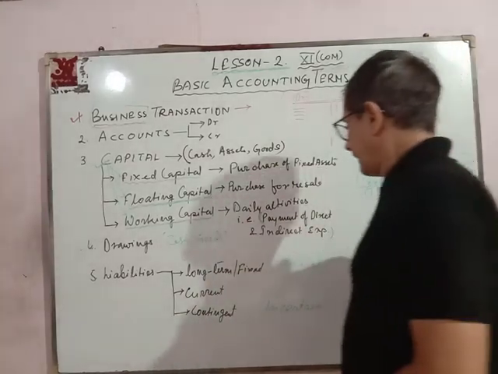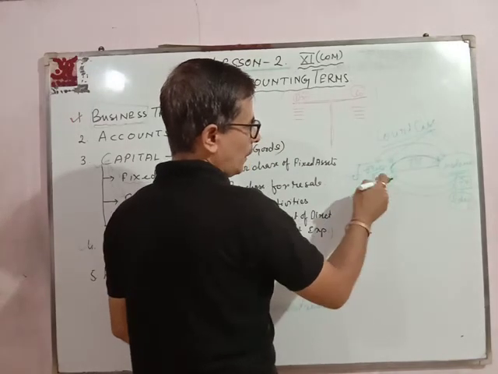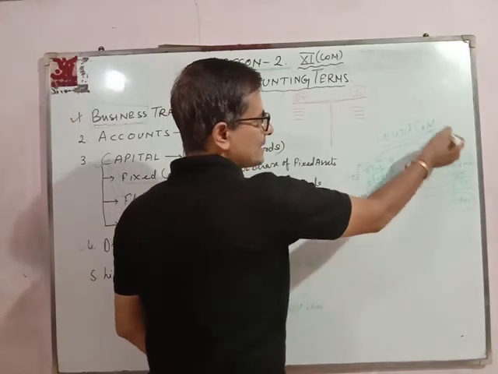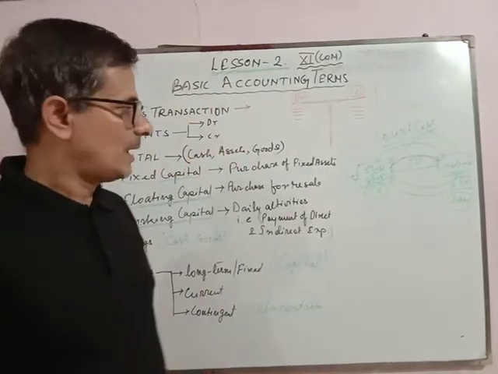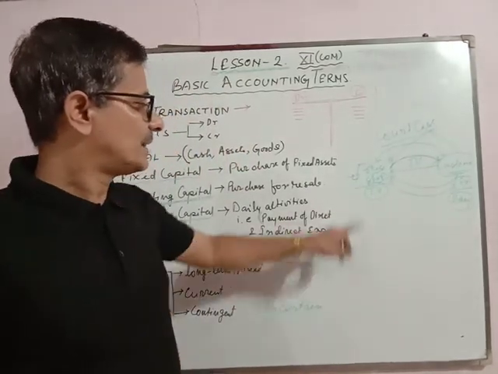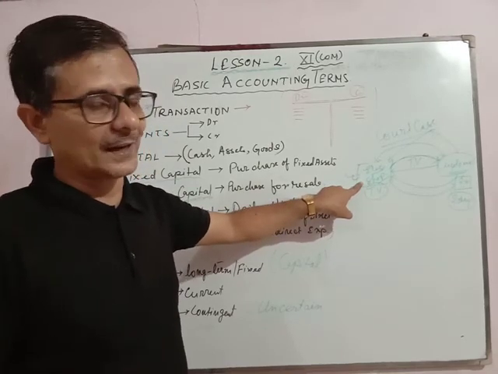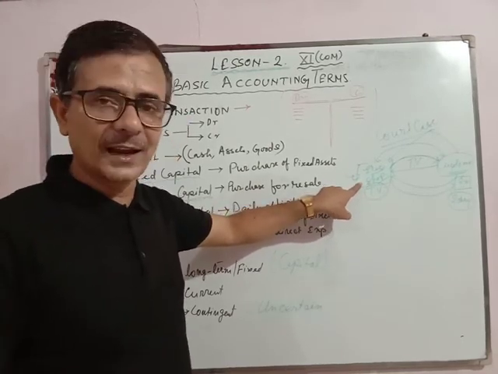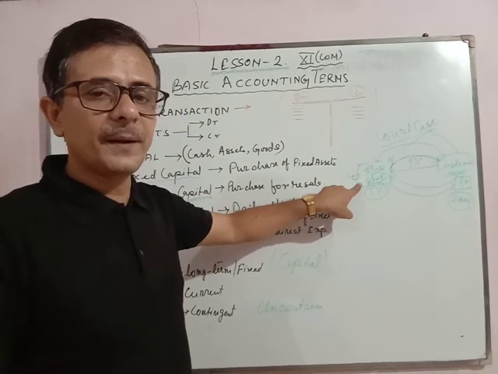Now, since we are talking about business, for business this is a situation which is uncertain. In this court case, the electronic shop may win the case or may lose the case. If he wins the case, he will not be in loss.